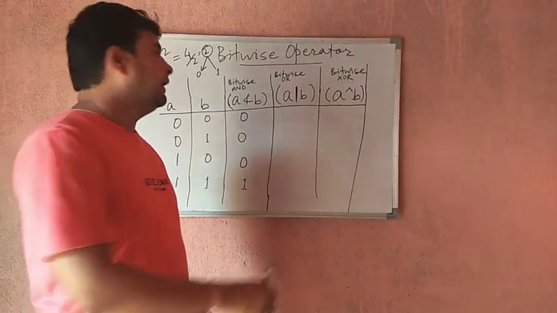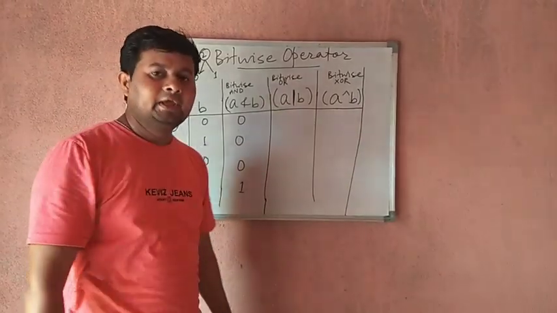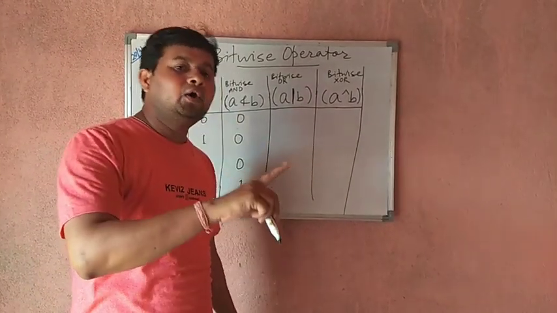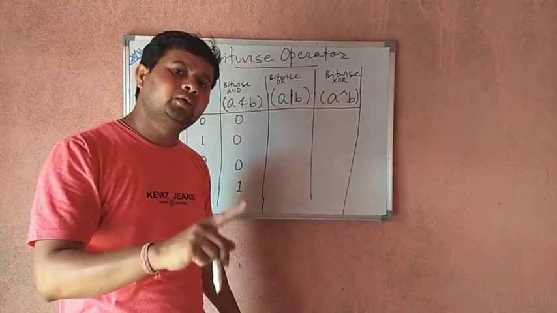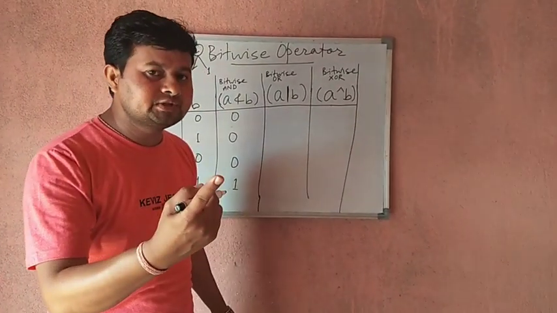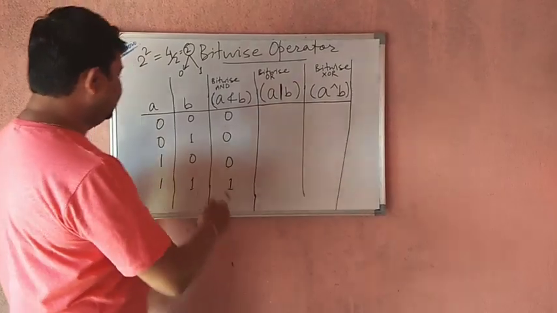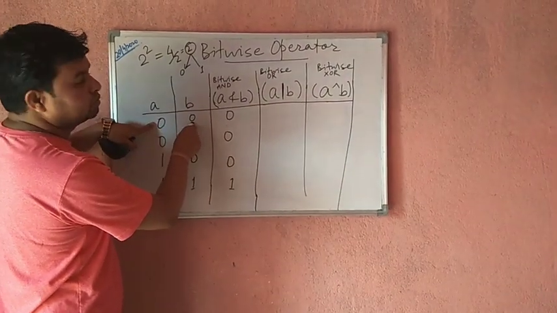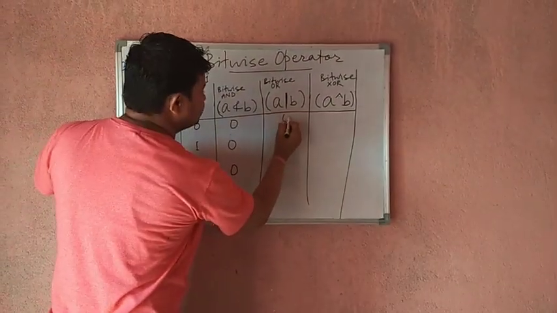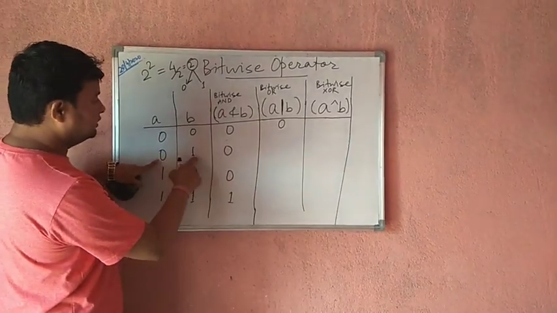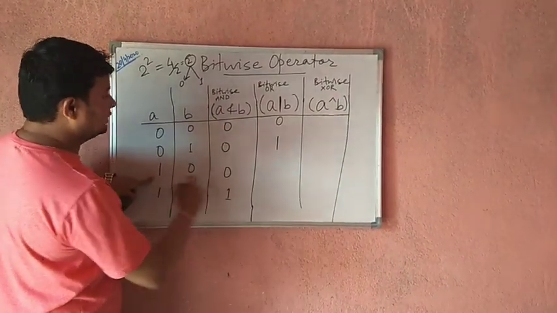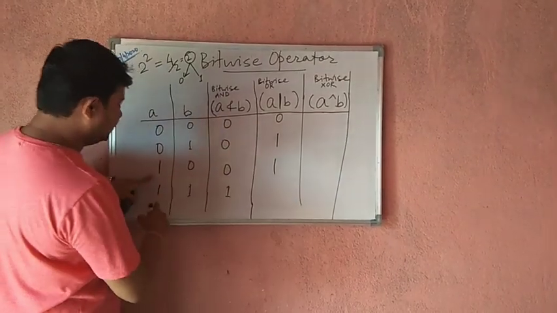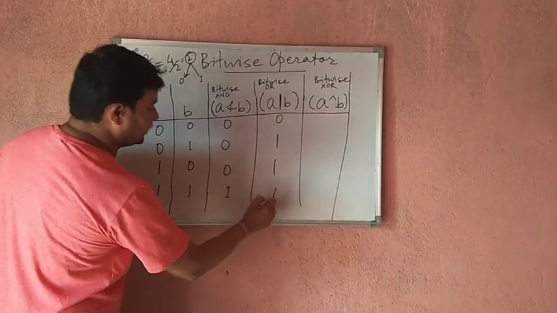I repeat, bitwise OR says if any of the inputs is true, that is 1, then it will produce the result 1. So both are 0, so it will produce 0. This is 1, so it will produce 1. This is 1, so 1. Both are 1, so it will produce 1.